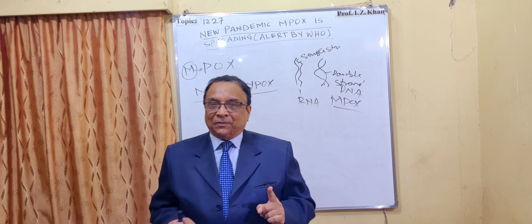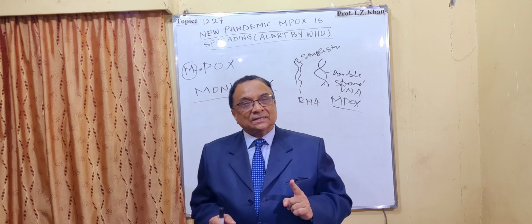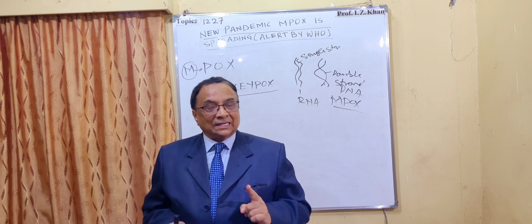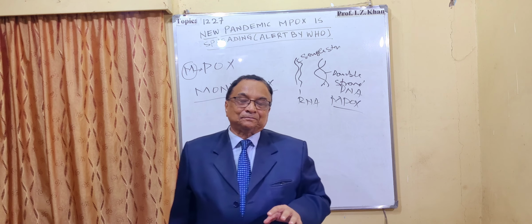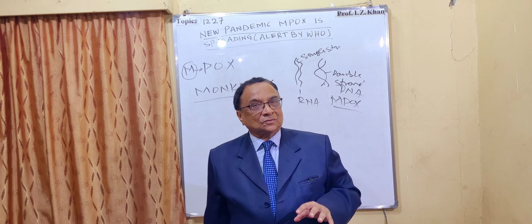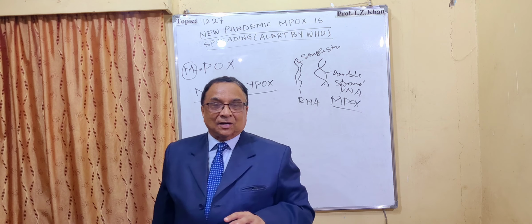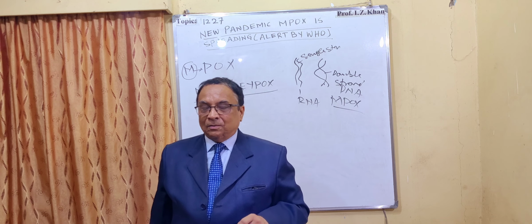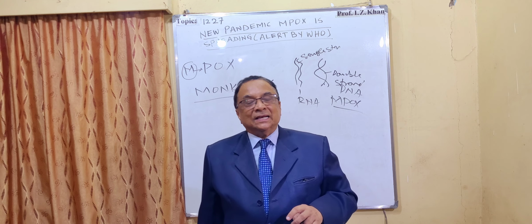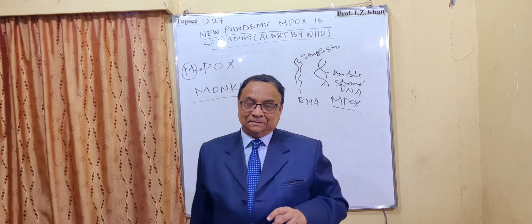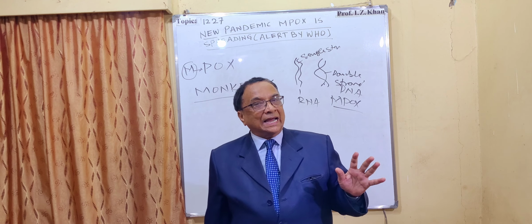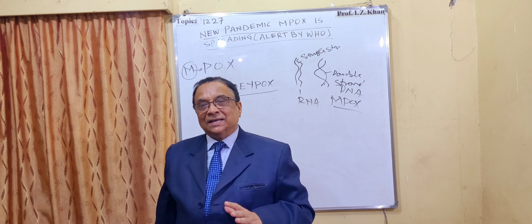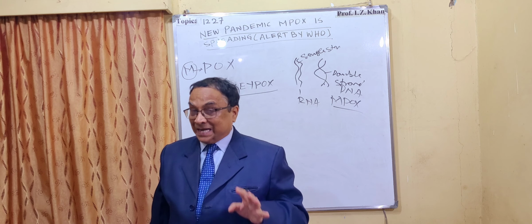There are two types of mpox viruses. One is called clade 1, the other is called clade 2. The mpox virus reported in Congo, in that 9-year-old boy, the victim, is clade 1. Clade 1 is dangerous. Clade 2 is not spreading that much, and it is not causing that much danger.